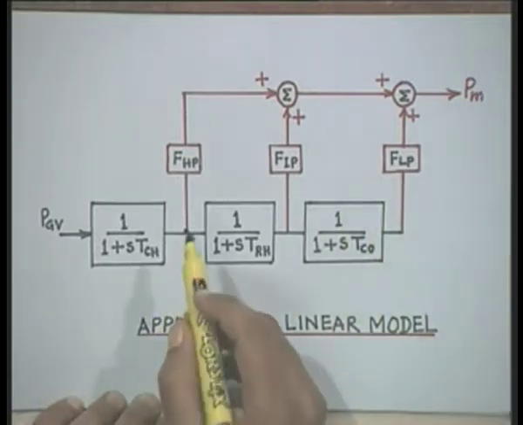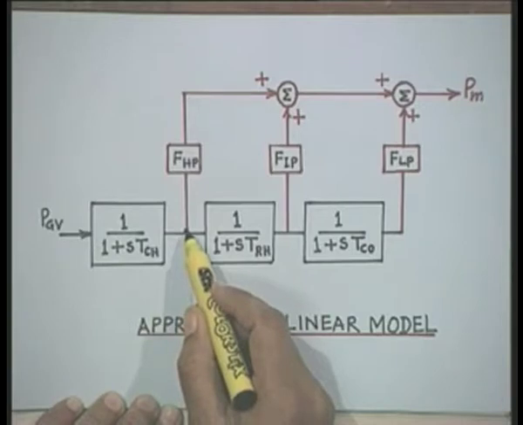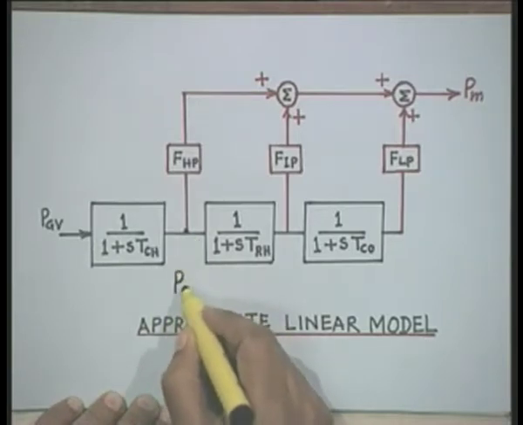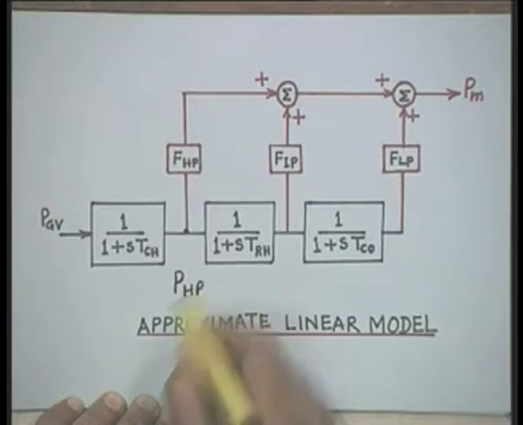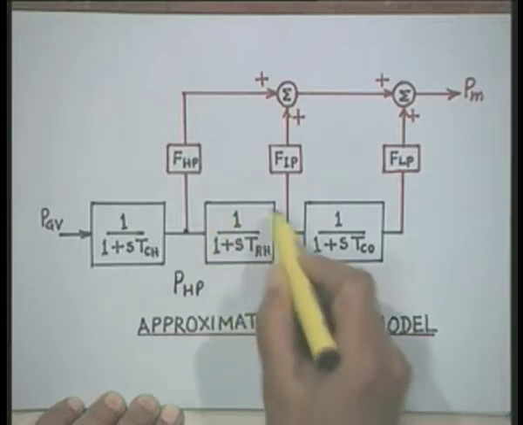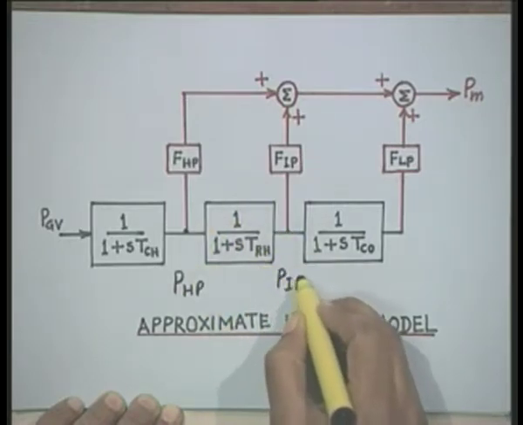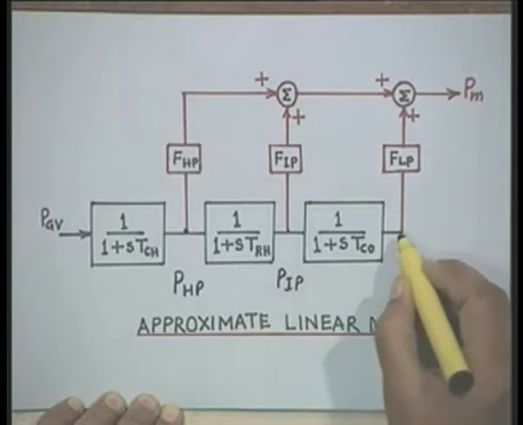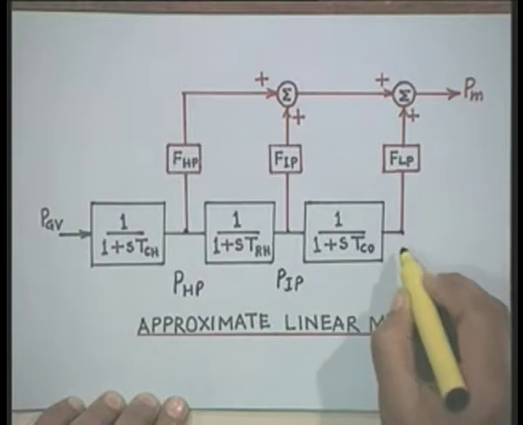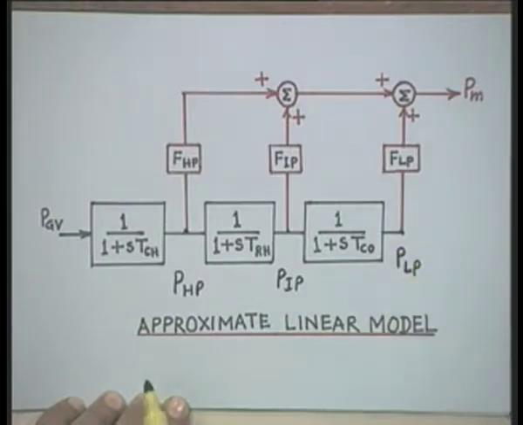Now, some power is generated in the high pressure section, which I call PHP. The power produced in the intermediate pressure section I will call PIP, and the power produced in the low pressure section I will denote by PLP.